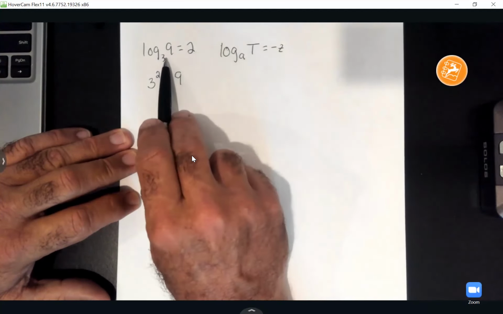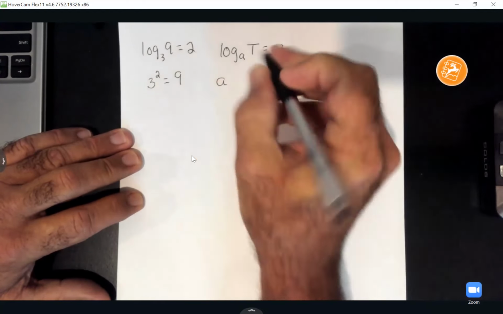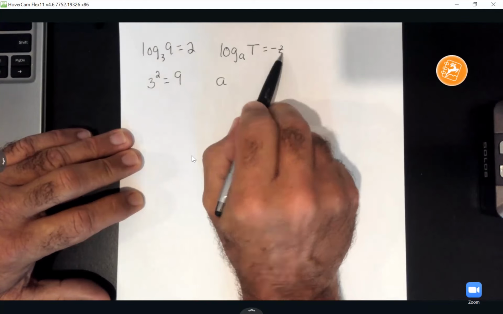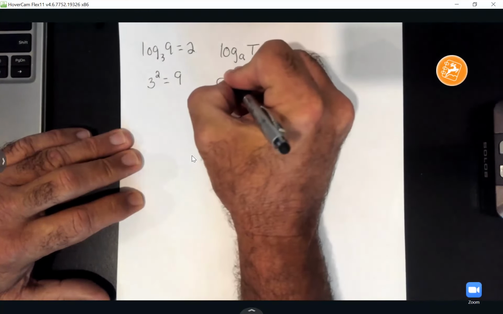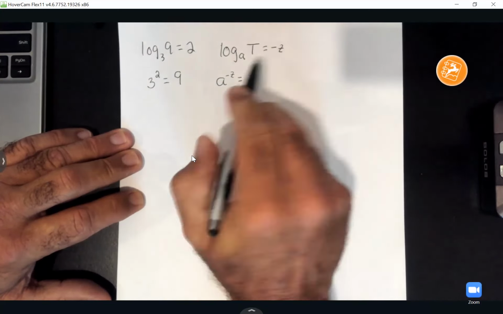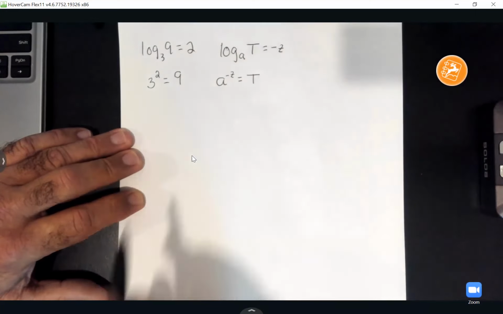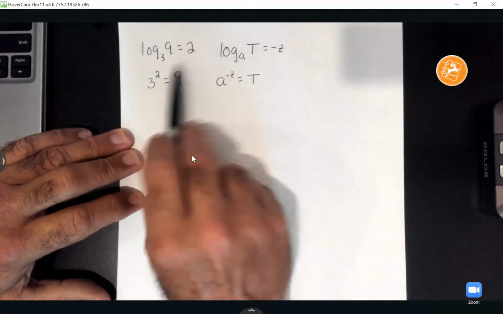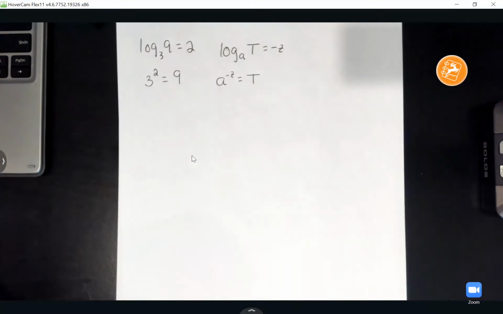The a is in place of where the 3 was. So a is my base. Negative z is in place of the 2. So negative z is your exponent. That's going to equal the result of the T. So these two problems worked exactly the same way. So y'all got to make sure I capitalize that T when I put this in MyMathLab.